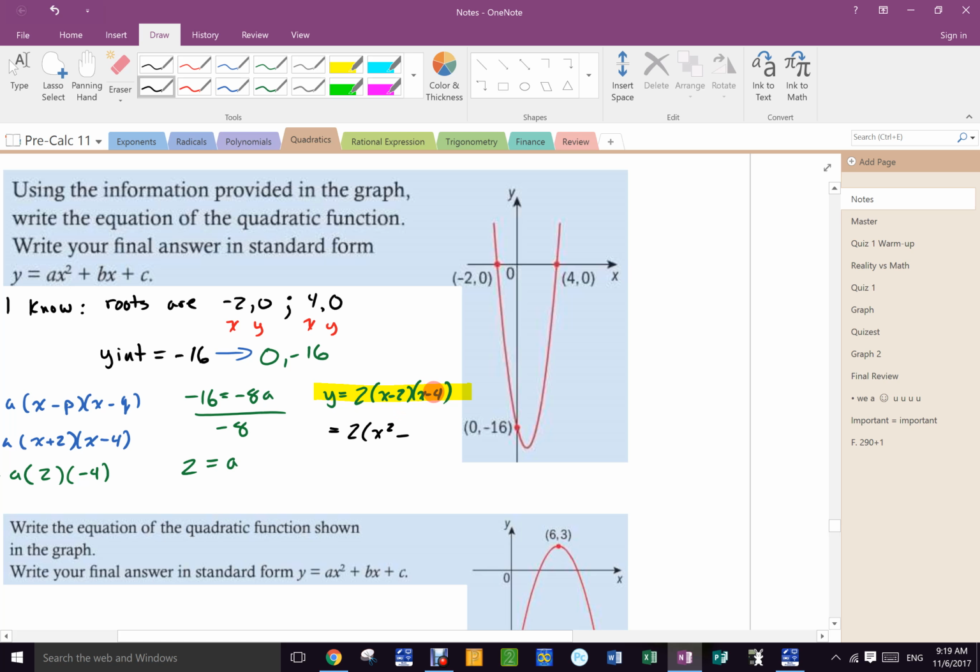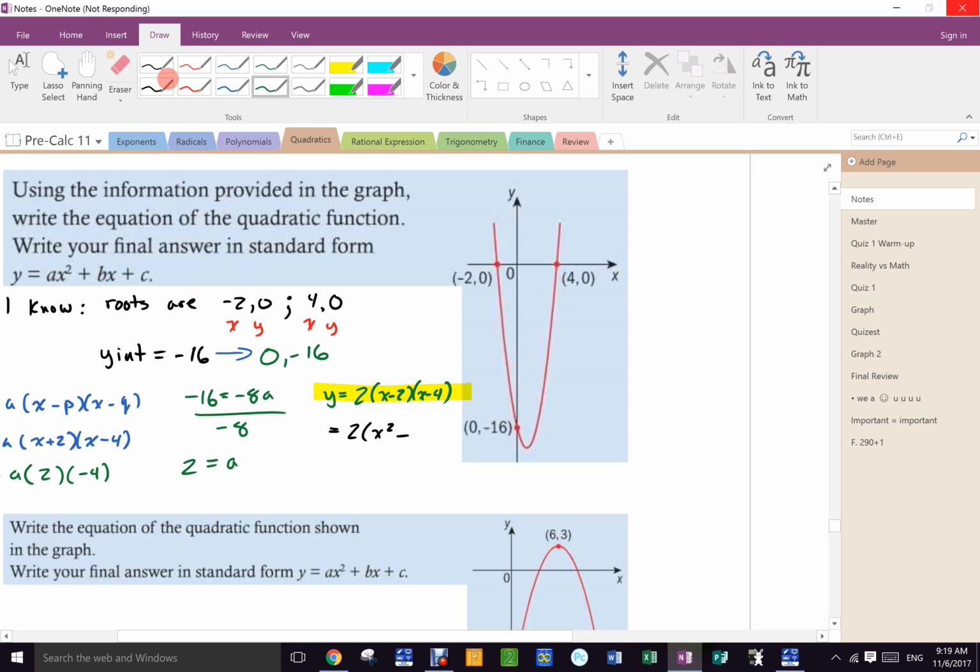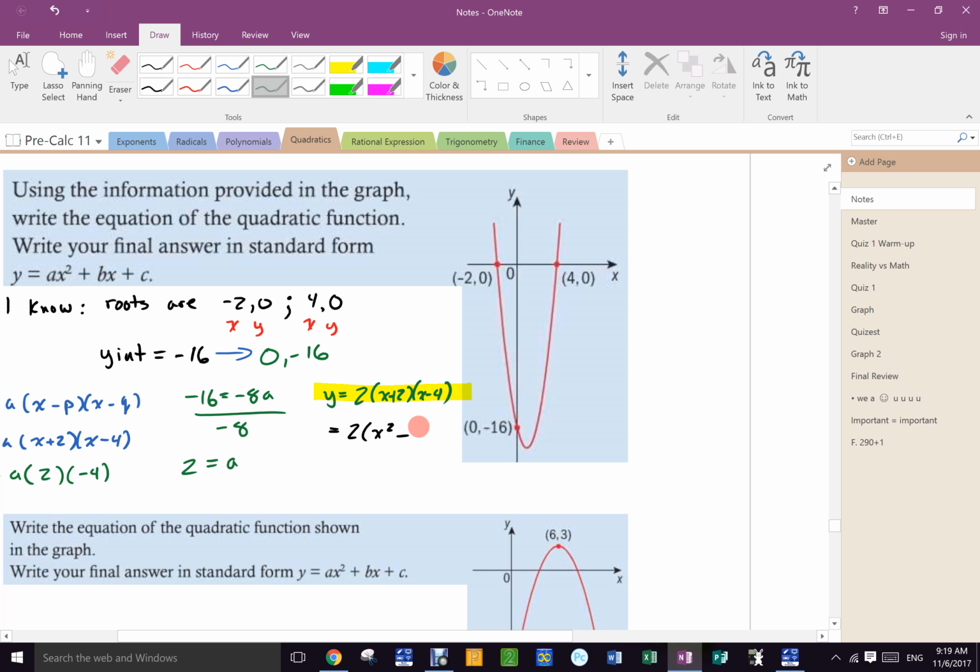So what do I do there? Oh, it's x minus 2, x plus 2. Sorry, guys. So x squared, then what? Minus 2x, then what? Then what?